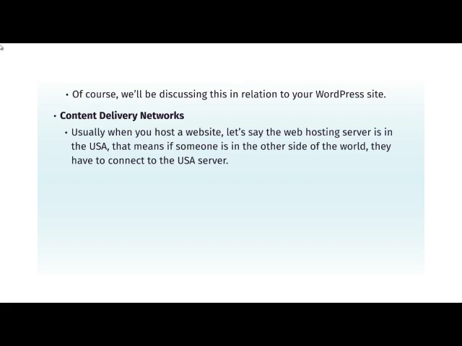What that means is that if somebody is on the other side of the world, let's say, for example, the United Kingdom or Australia or Canada or even the Philippines or Russia or anywhere else, and they come to your website, essentially their computer has to travel all the way through the internet, all the way to the USA server just to view your website.